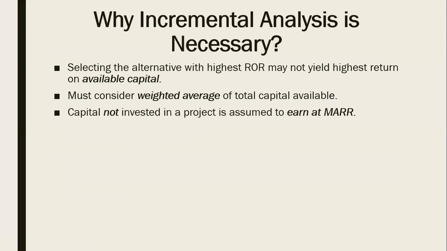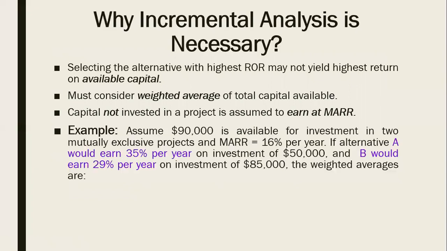Capital not invested in a project is assumed to earn at MARR, which is the minimum attractive rate of return, because any firm wouldn't allow a financial manager to leave financial resources idle. If they have something, they would try to invest in a project that will give them at least MARR after supporting their operations.